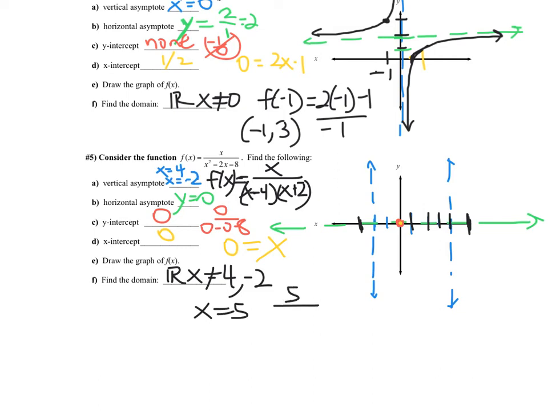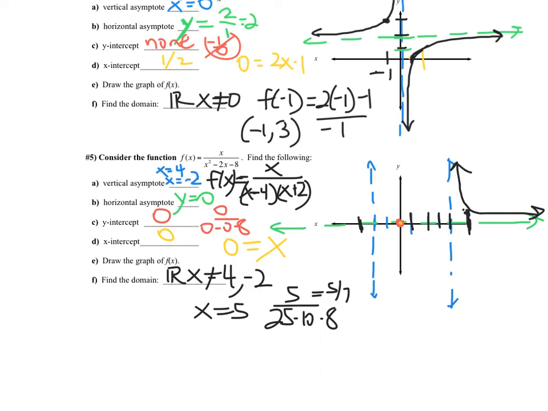I get 5 over 25 minus 10 minus 8. And I really don't care that much what the number is. I just really care if it's positive or negative, because that'll tell me where I'm at in my graph. And I get 5/7, which is up here. And that tells me that my graph is going to be up here.